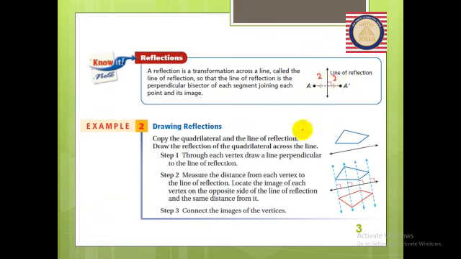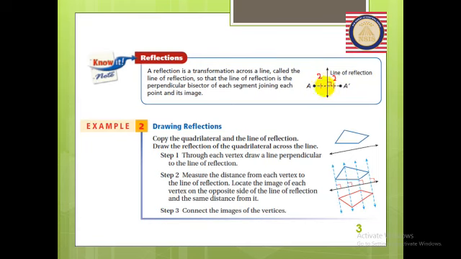Again, this line is perpendicular to the line of reflection, and the distance between the line of reflection and the point equals the distance between the line of reflection and the image. In other words, the line of reflection is in the middle of the line between the point and its image.